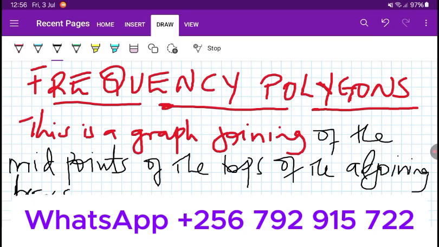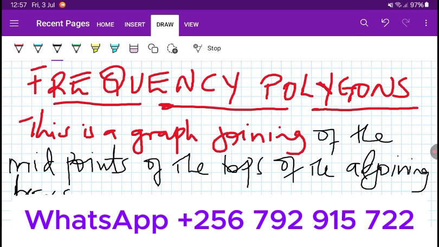So the midpoints of the first and then the last classes are joined to the midpoints of the preceding classes, those that are preceding the first and those that are succeeding the last classes respectively.